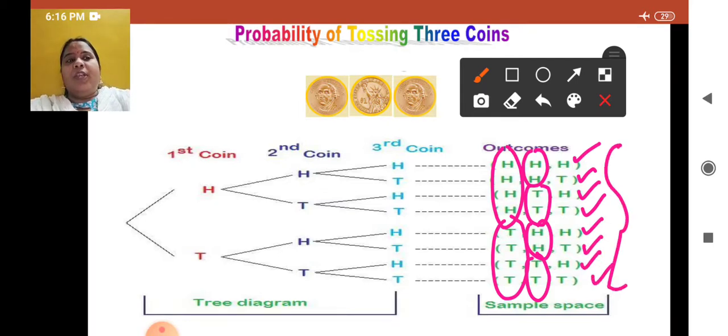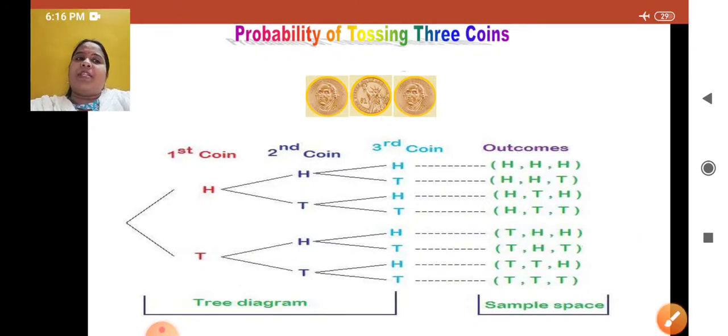So like this you will get all these elements. n of s in this case will be equal to 8. So when 3 coins are tossed, the number of elements in the sample space is 8. I hope this concept is clear, how we are getting these outcomes and how we write the sample space for 3 coins tossed together. Okay, anyway you understand it, see that all these elements are written.